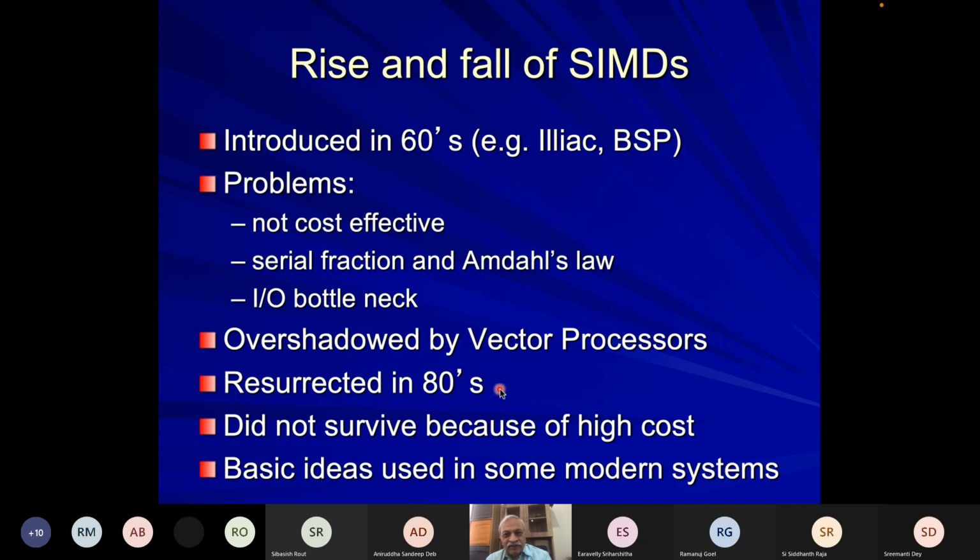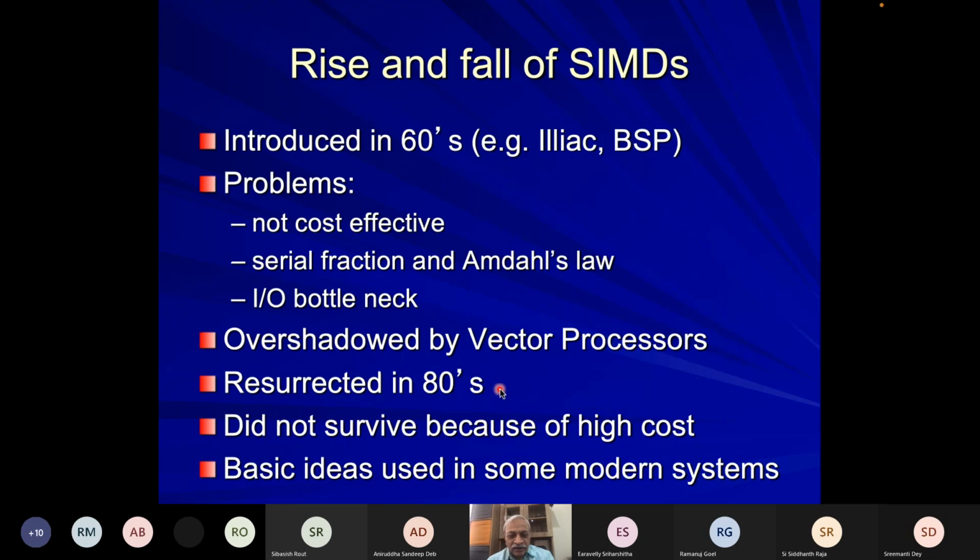So there was emphasis on SIMDs in the 60s, and the example I've shown you was built, but these were very expensive, very complex, and they did not address the serial fraction. In a program, there is something which is non-parallelizable, so these don't help in that part.